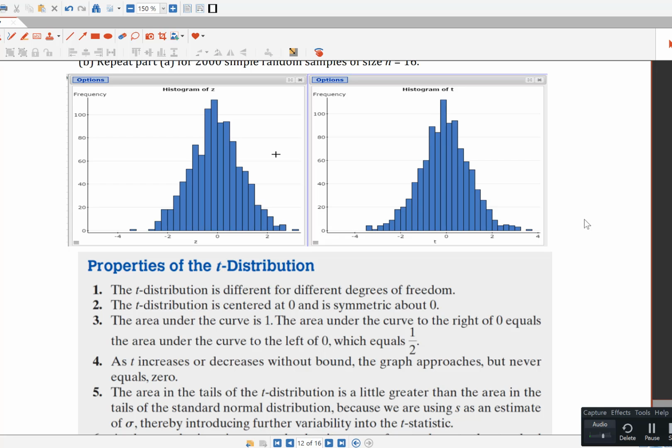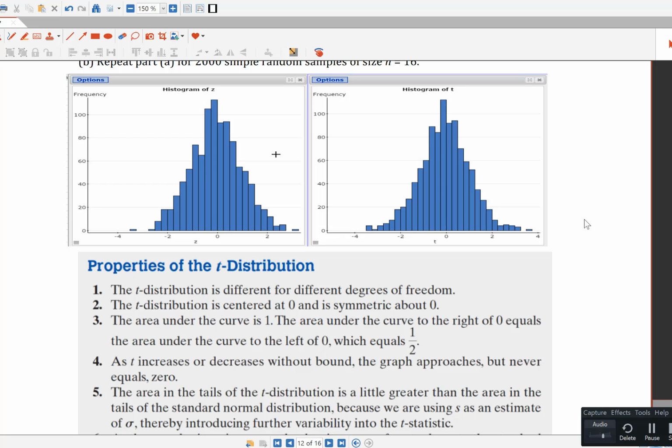Historically, these student T distribution tables have gone from samples of size, say, 2 up to samples of size 30. Because historically, after you got to a sample of size 30, the difference between the T distribution and the Z distribution wasn't enough to justify using the table.